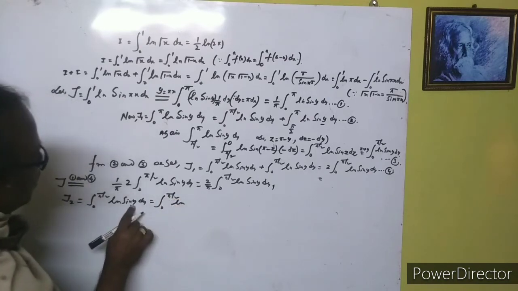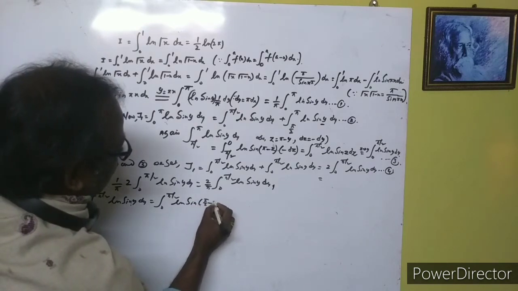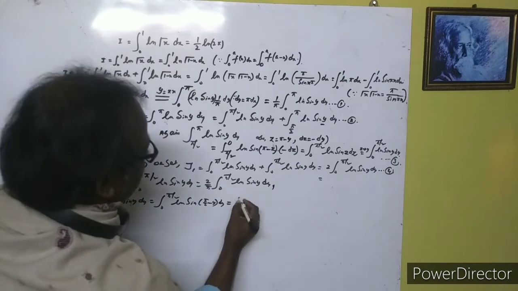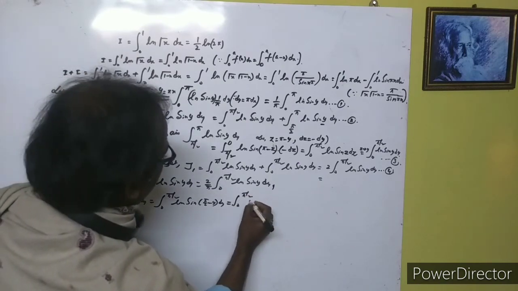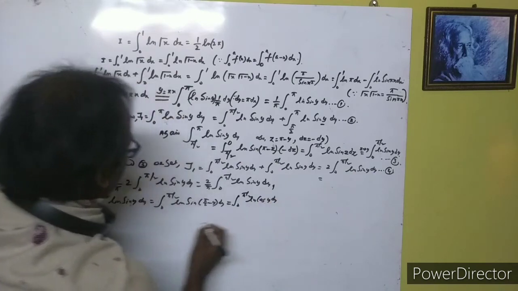Use the property: this is pi by 2 minus y, so this is integral 0 to pi by 2 ln cos y dy.